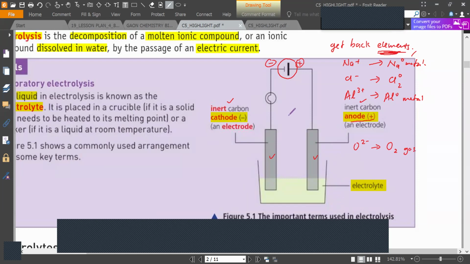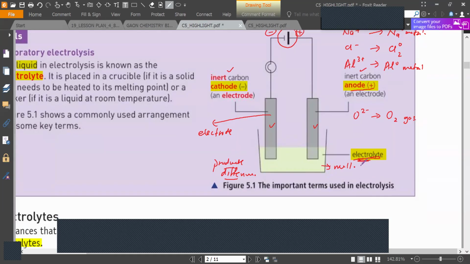But the products will be different, depending on our setup. If we change the electrode, the product could be different. If we change the electrolyte, the product could be different. Let's say we melt the sodium chloride, the product will be different.